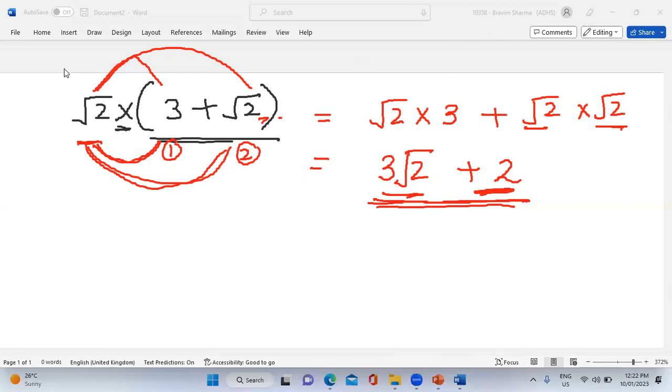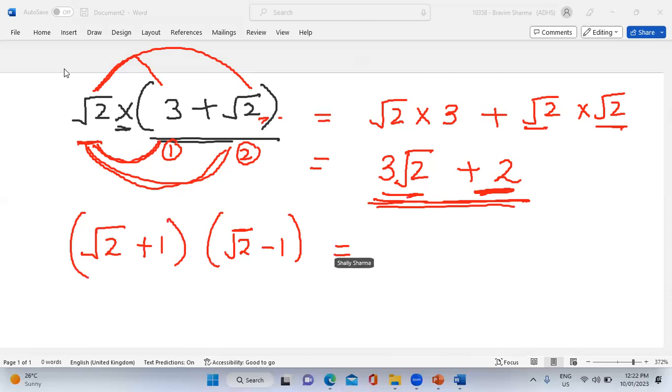Now one more question, let's take square root of 2 plus 1 times square root of 2 minus 1. Now this is a 2 bracket question. Expanding the 2 brackets is the same concept we learned in algebra also. So it can be done in the same way. You can apply the FOIL method.